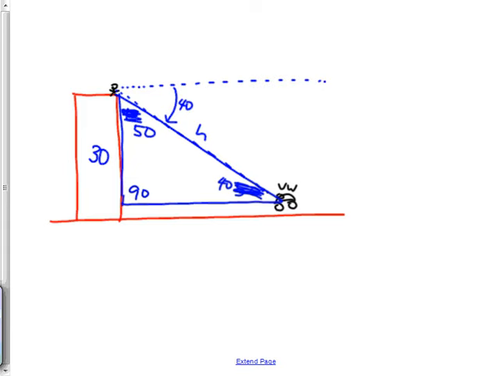30 is in meters. And I want to know the hypotenuse, sorry. The height's already known, it's 30.